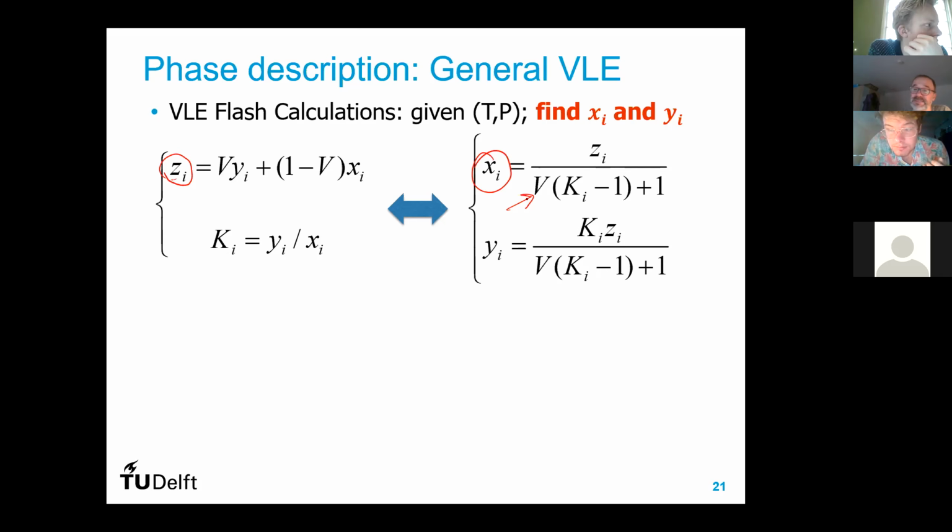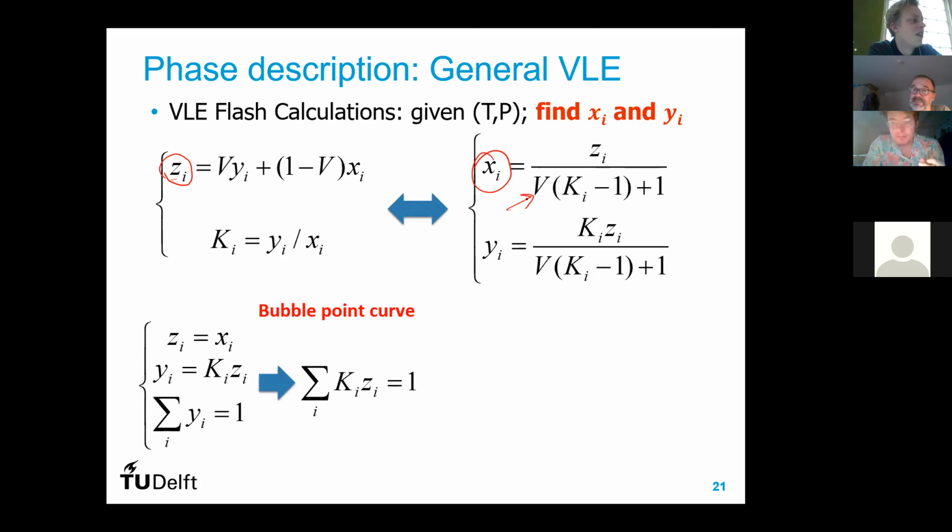But one thing that you don't know is what's happening with Y, because Y is not equal to Z. Y will actually be equal to K multiplied by Z, if you substitute V equal to 0 here. Another thing you know is that Z, by definition, should sum to 1.